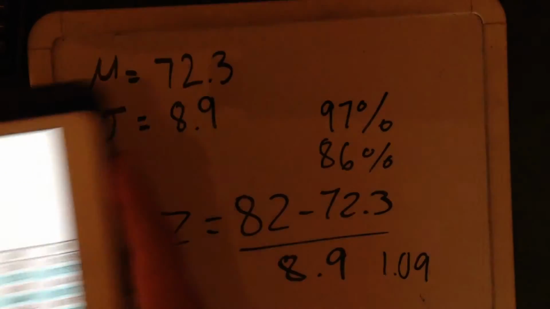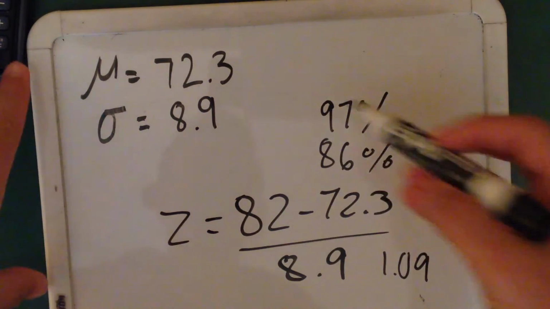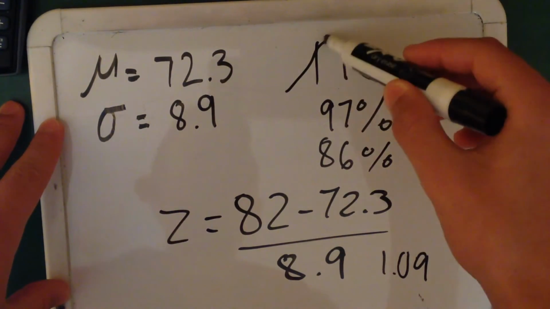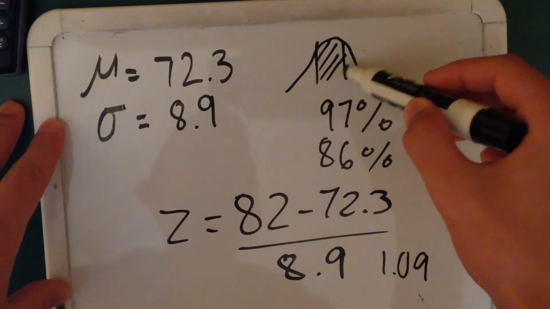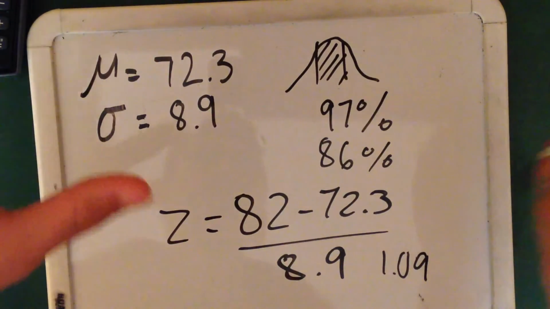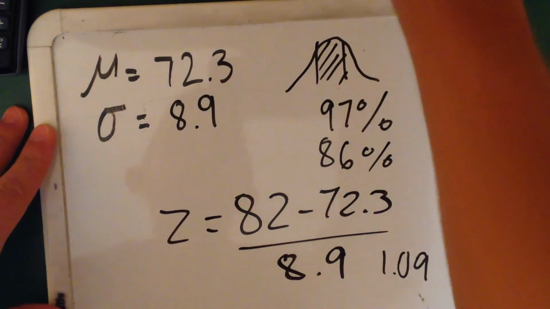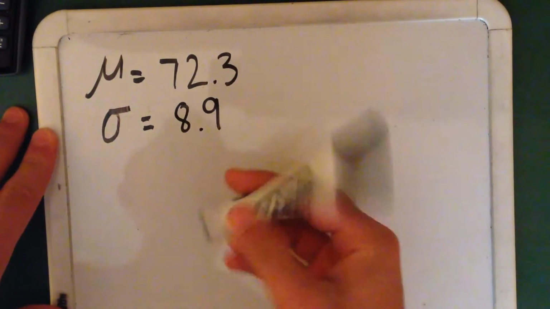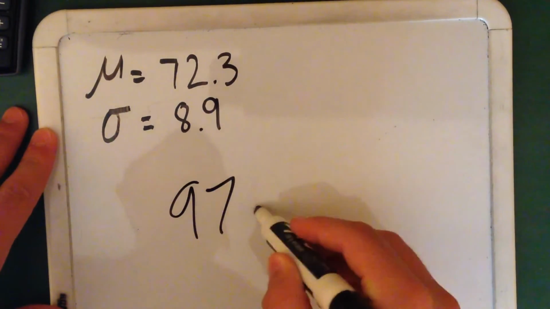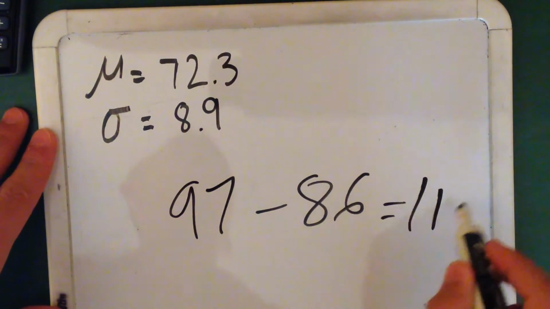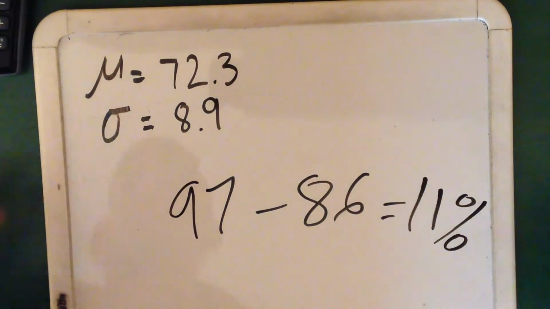Now we subtract these two percentages, and that's the area between 82 and 90. If we have our normal distribution, we found the area under here, which is 97% minus 86%, which is 11%. So 97 minus 86 is equal to 11, and we want it in percent form.